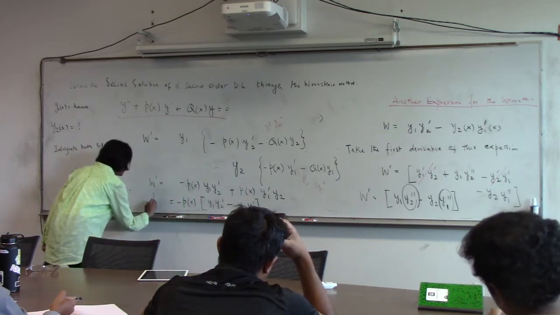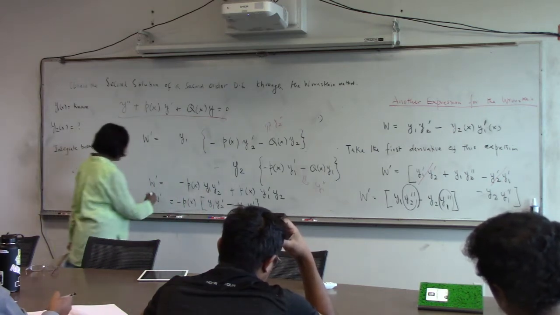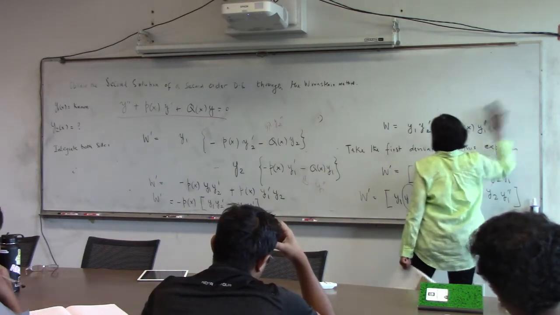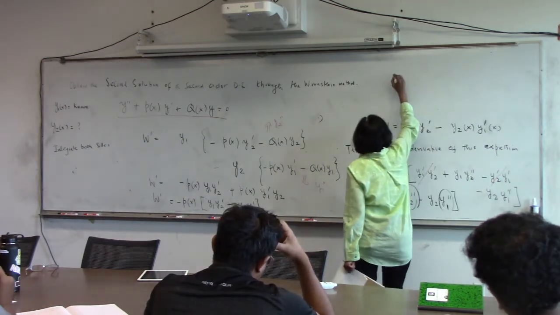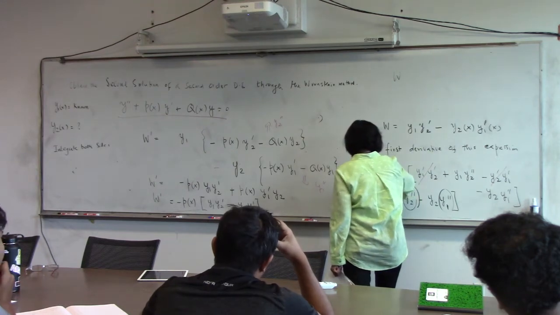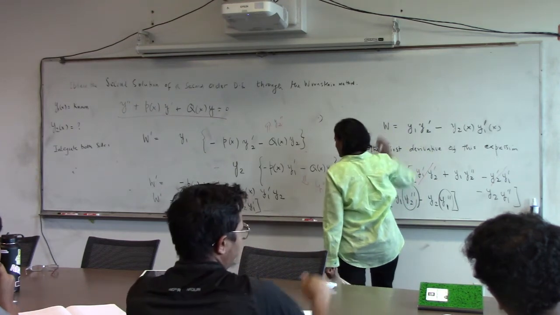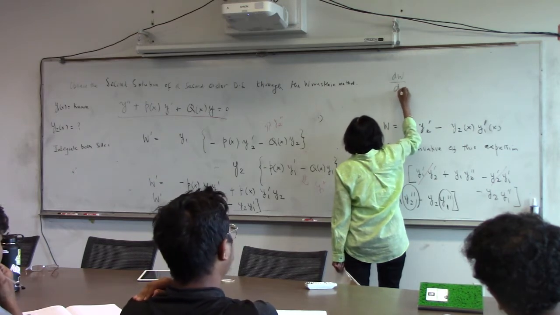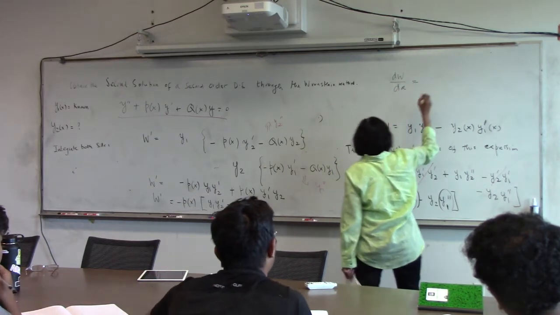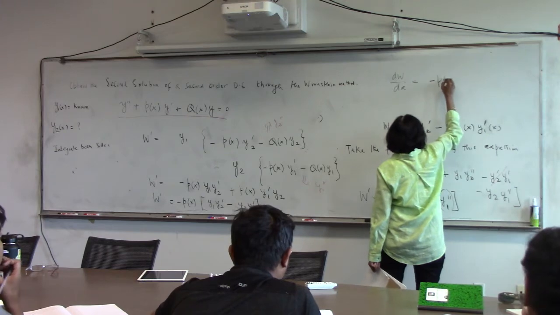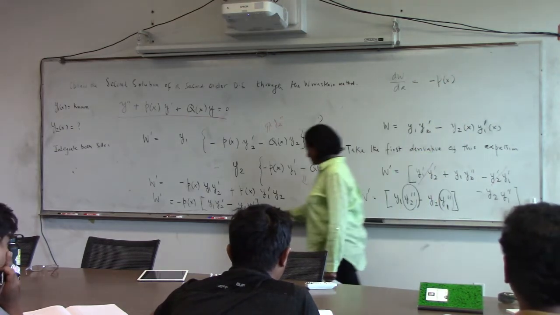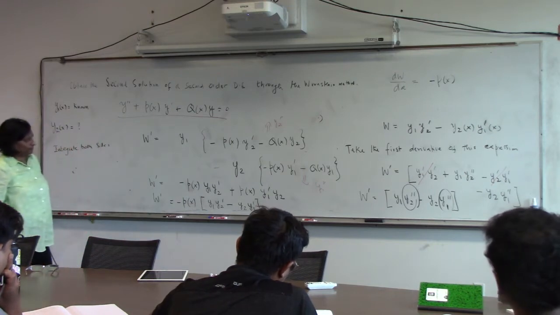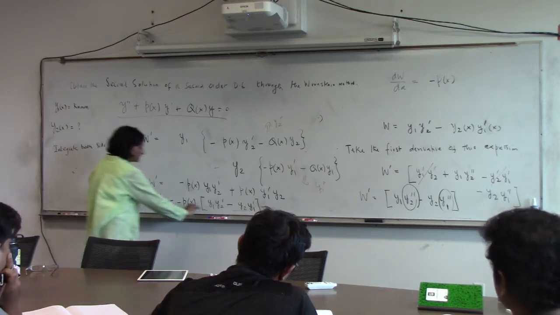That's what we have. The first derivative of the Wronskian turns out to be this. So dW over dx is minus p(x) times the stuff within the square brackets. What is this quantity?